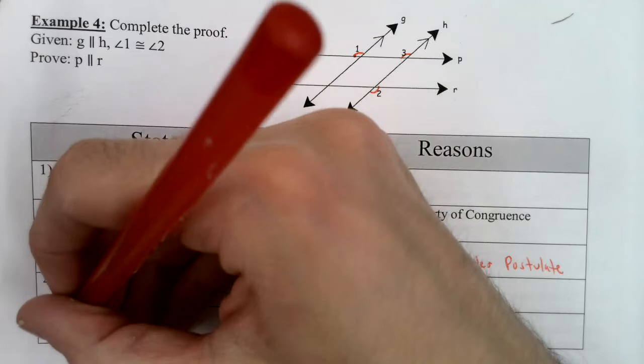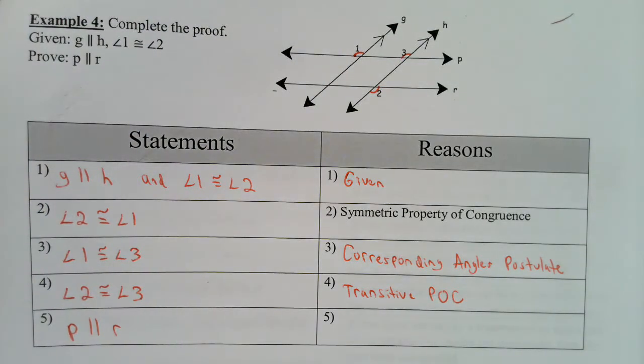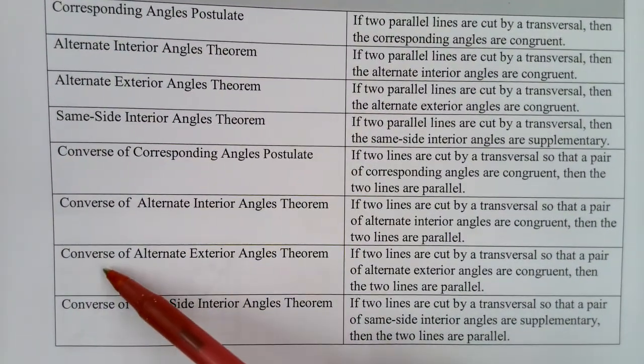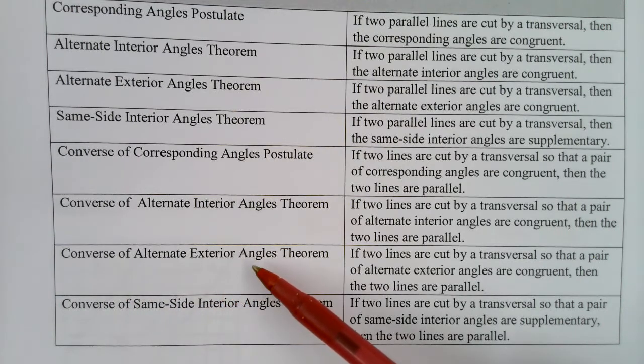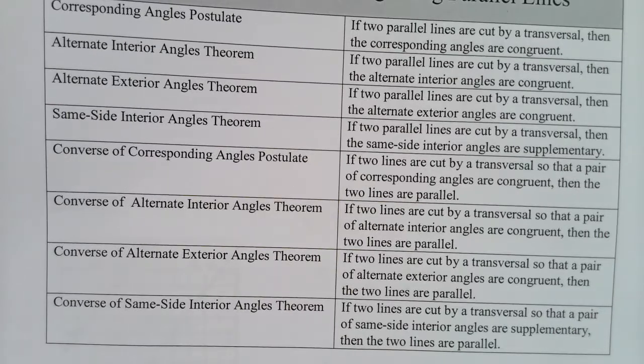So now you can say P is parallel to R. Why can you say that? Look back at the first page. We are doing the converse of the alternate exterior angles theorem. If two lines are cut by a transversal so that a pair of alternate exterior angles are congruent, then the two lines are parallel. That's what we had. Okay?